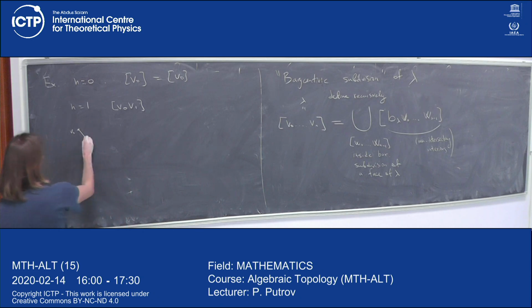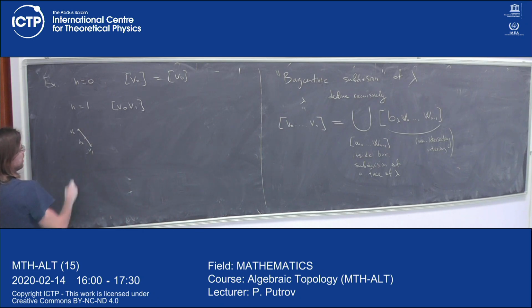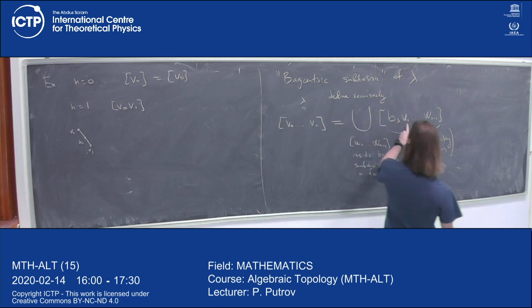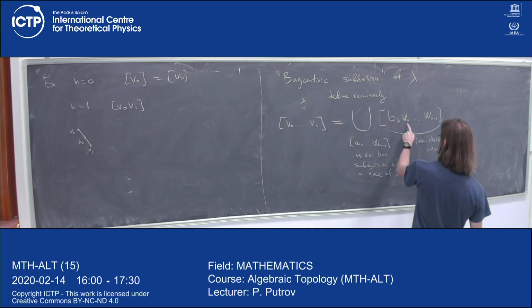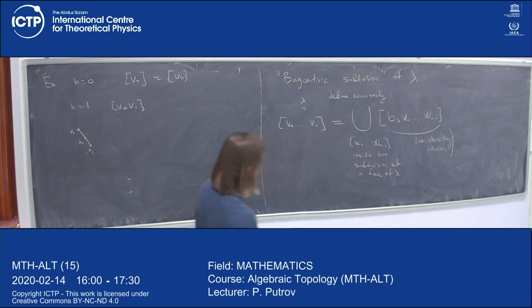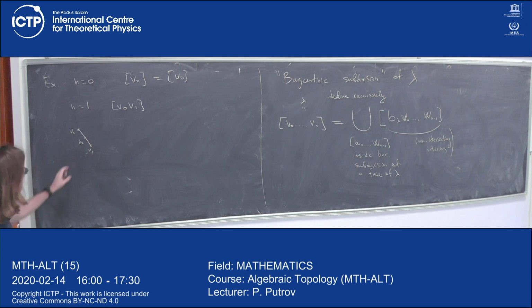So this will be my b lambda, and here there will be just one w, and this single w should be inside the barycentric subdivision of a face of lambda. The faces of lambda here are just points, so this is just this point to this point.